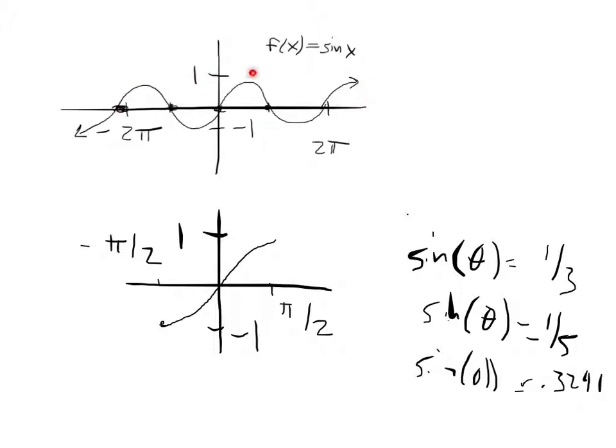Again, there are infinitely many angles that have a sine of 1/2 or whatever value I pick, but if I restrict my domain to a piece of the sine function which varies from -1 to 1, then for any sine value, I'll get one and only one angle value in this range from -pi/2 to pi/2.